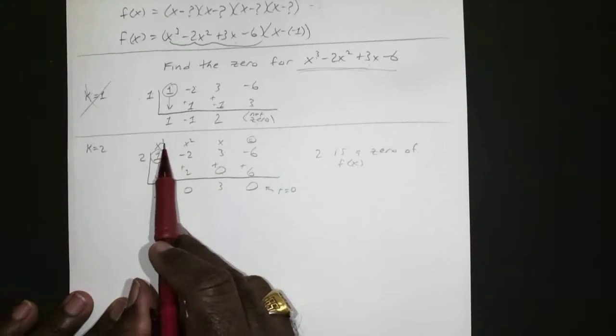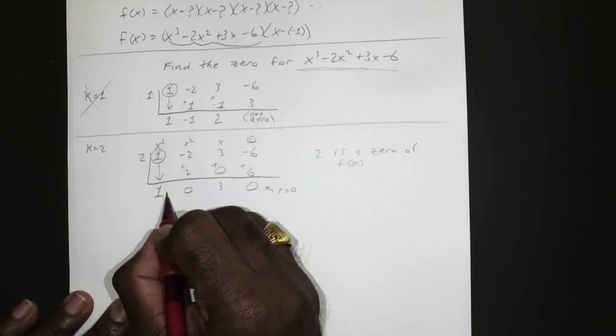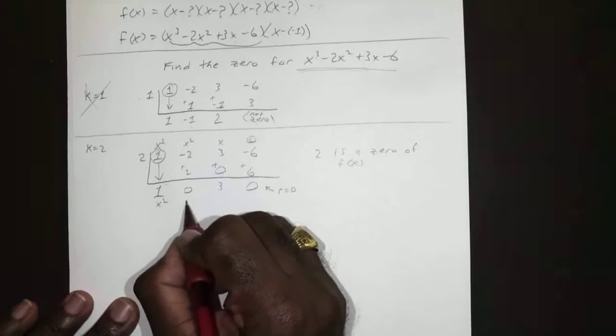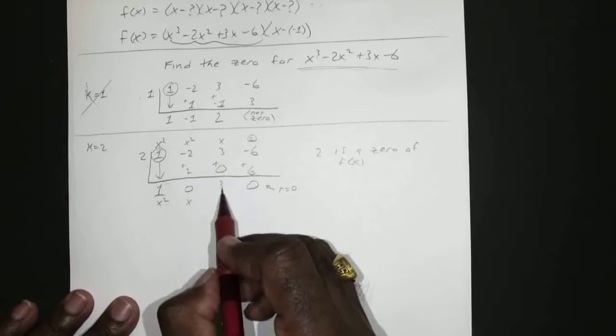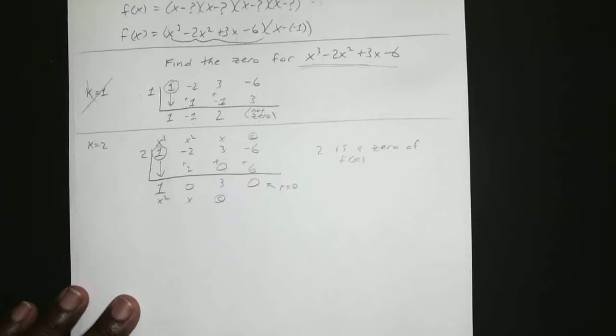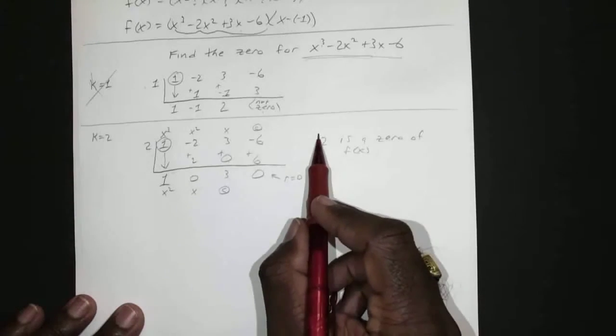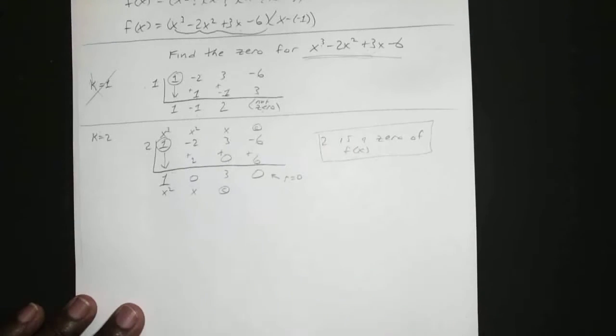Remember, they drop down one once you find a zero. So this becomes x squared, this becomes x, and that becomes your constant. Okay, so we know this is one of our zeros.